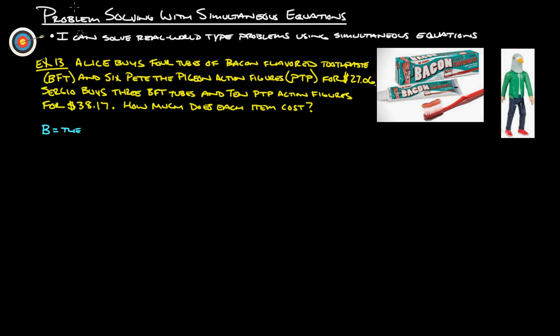Let's do that. The cost of a bacon-flavored toothpaste tube. Okay, and then Pete the Pigeon action figures. Let's do P is going to be the cost of a Pete the Pigeon action figure. Okay, so we assigned our variables.